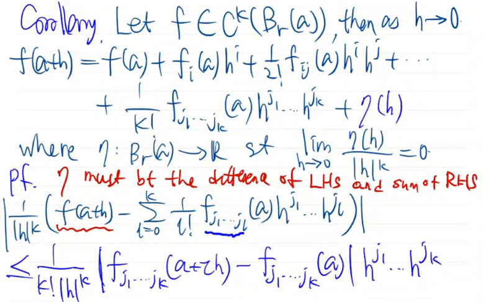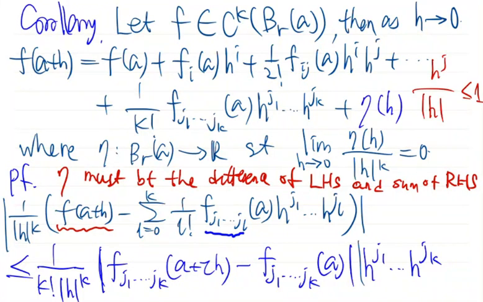Okay, so these two parts are less than 1. Every h_j divided by the norm of h is obviously not greater than 1. The absolute value, we also have absolute value outside this.